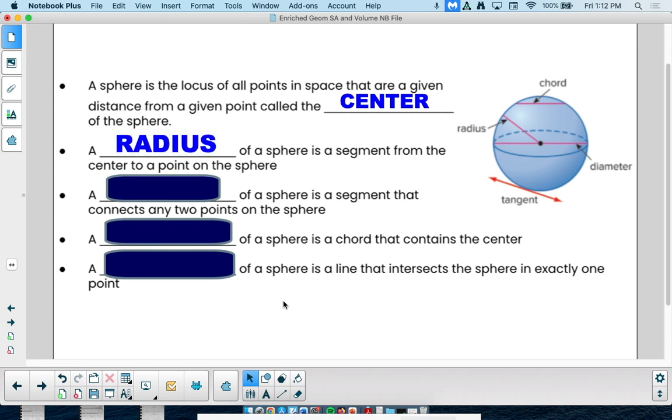The radius is kind of like the radius of a circle. If you're on the outside of your sphere and you go to the center, that's the radius. Maybe a new word to you mathematically, but a chord, not like a musical chord, connects any two points on your sphere.